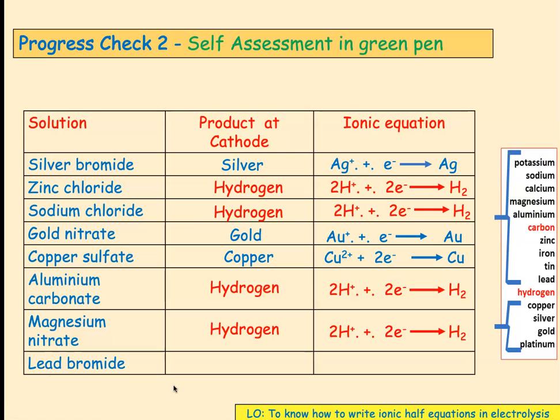Lead bromide, lead is just about above hydrogen, we're making hydrogen, 2H+ + 2 electrons give us H2. And that completes what we need to know about ionic equations at the cathode.